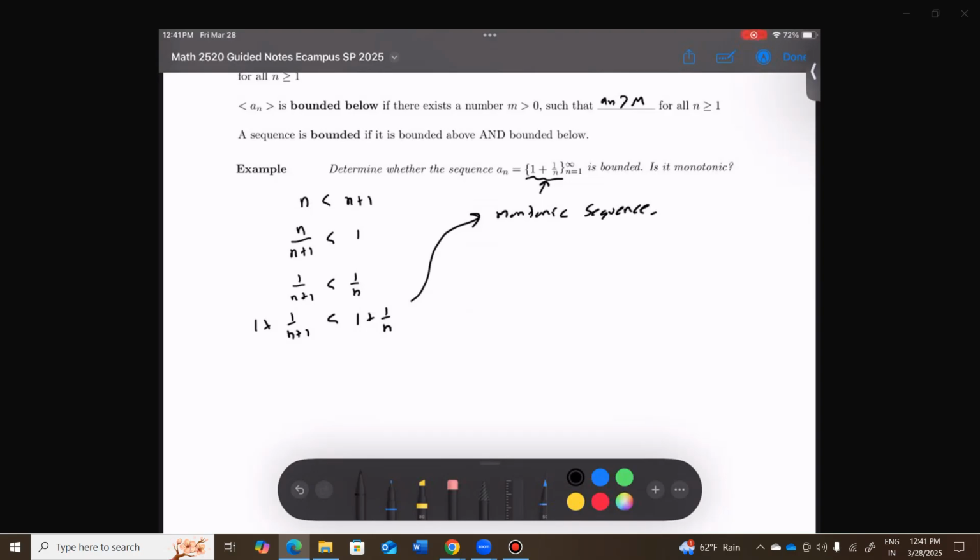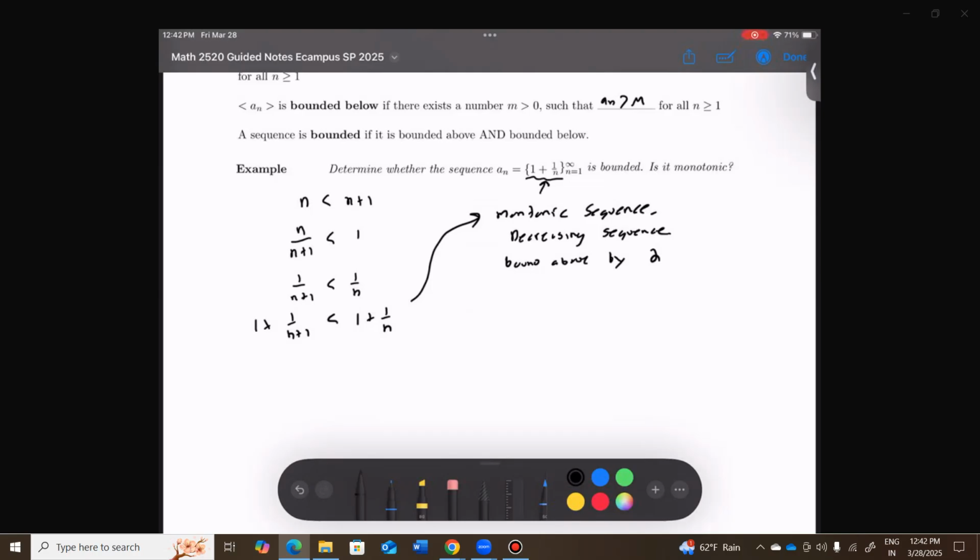And we can look at this and say, okay, well, if n is 1, we get 2. If n is 2, we get 1.5. And so it's a decreasing sequence. Now we have to think about whether it's bounded. Okay, it's decreasing, so it's bounded above by 2. 2 is going to be the highest number you can have.